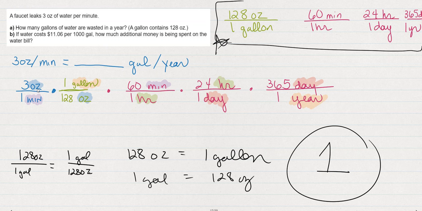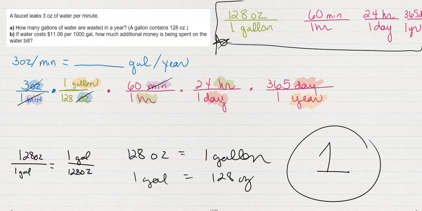Well, I have an ounce in the numerator, and I need to get rid of the ounces because I want to end with gallons. So I'm going to put an ounce in the denominator so that it can divide out the ounce in the numerator. And so I'd use the 1 gallon over 128 ounces. And likewise, you see this highlighted in purple. I have a minute in the denominator. So to divide that out, I need a minute in the numerator. So that's why I have 60 minutes over 1 hour.